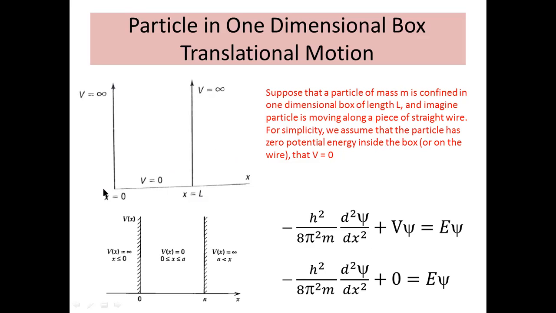Similarly, if x is less than zero, then it would also be infinity. Less than zero means the particle is also out of the box, and the potential energy would be infinity. So within the box it is zero and outside the box it is infinity.